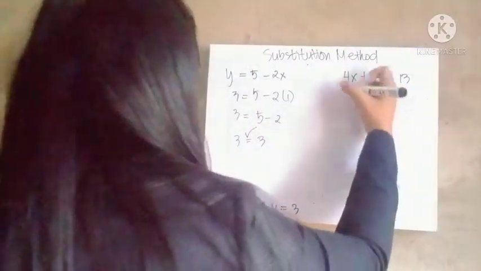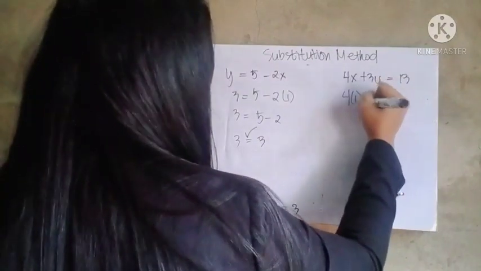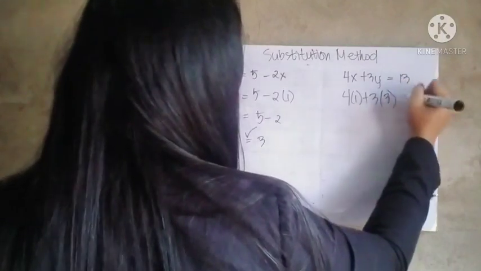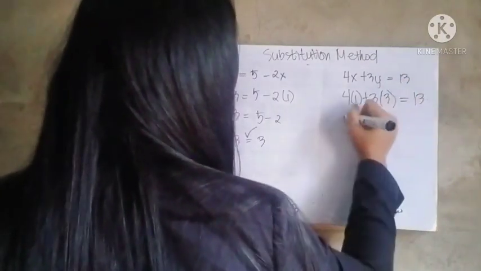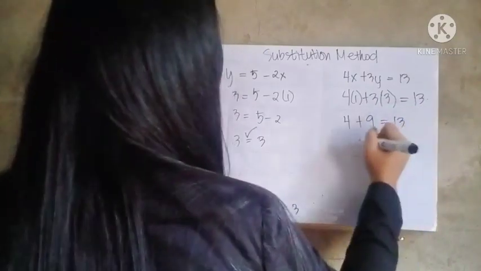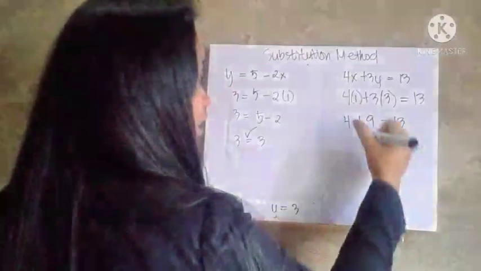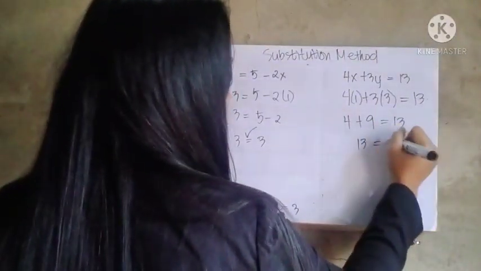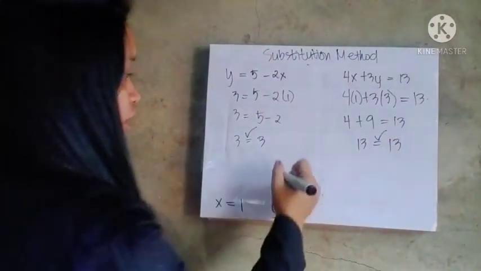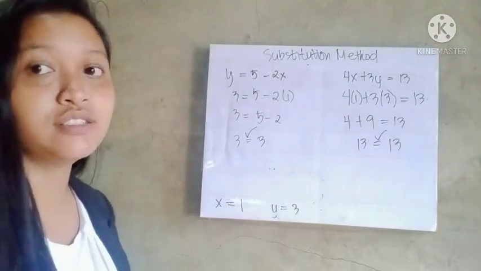Next one. Substitute x. Substitute y. So 9 plus 4 is equal to 13. So again, it's also correct. Therefore, our answer is correct.